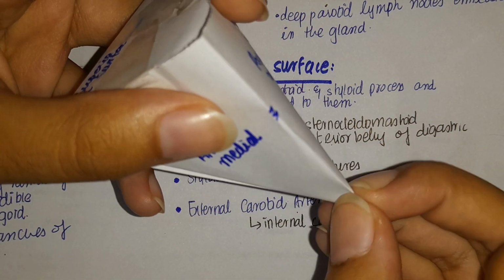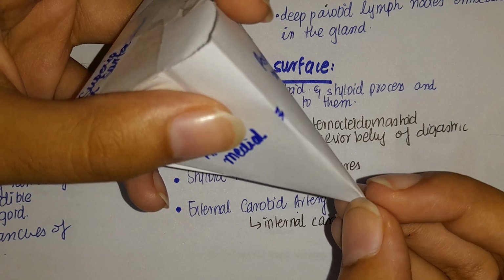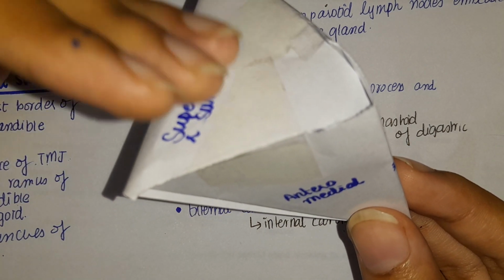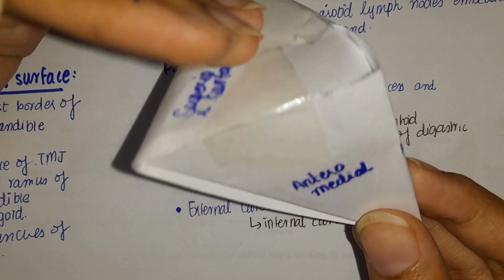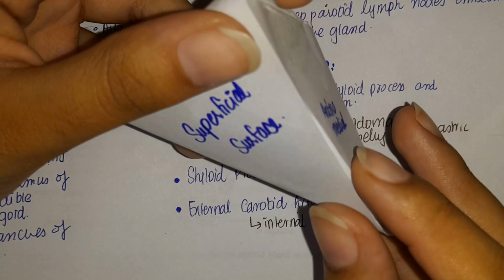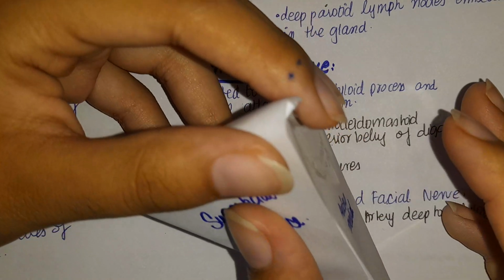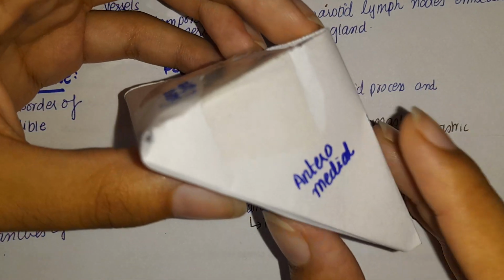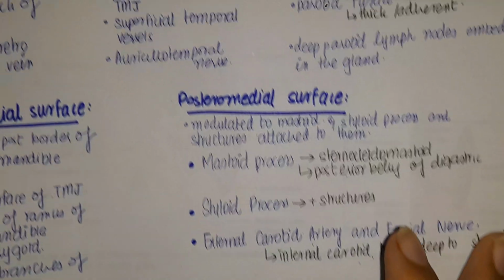The thing that is directed downward is the apex. Opposite to the apex, the thing that is directed upwards is the base, that is the superior surface. Between the anterior and the posterior border, we have the superficial surface. All the surfaces, all the borders, the apex, and the relations have been covered.